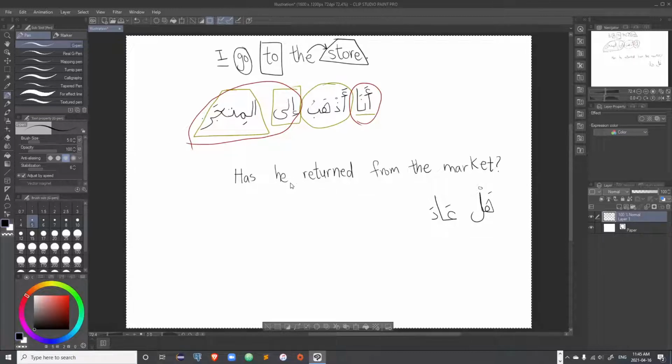This is the past tense, and since it is he, this is automatically conjugated. هل عاد هو from, من, the market is السوق, derived or actually the verb to shop is تسوق, which means to shop at the market. من السوق. And as you can see, the question mark is facing to the right side, not the left side.